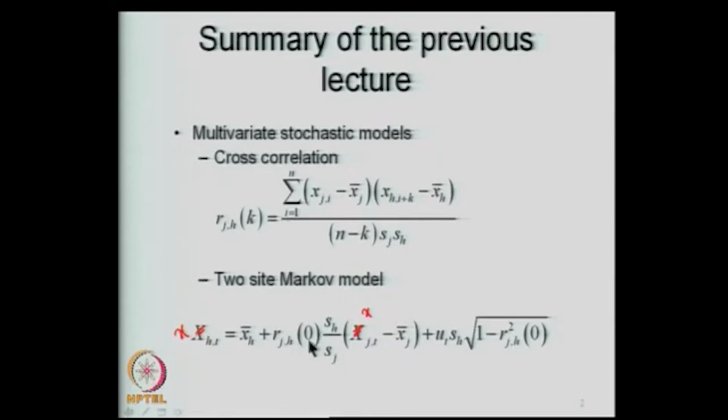The term ut here is the random term, and we have seen the expressions for these, and this is again the cross correlation between site j and site h at lag 0. So, this is how we generate the data on the subordinate site, which incorporates the correlation between the data at site j and site h.